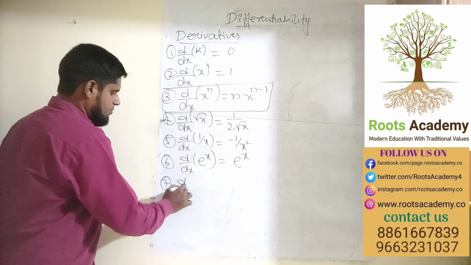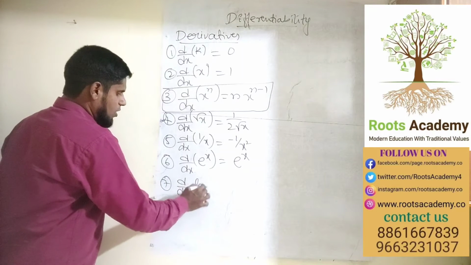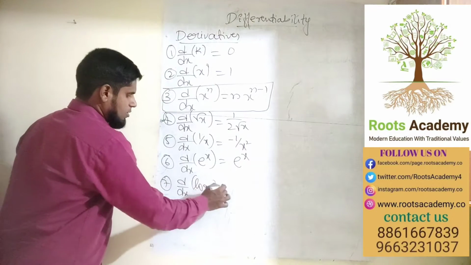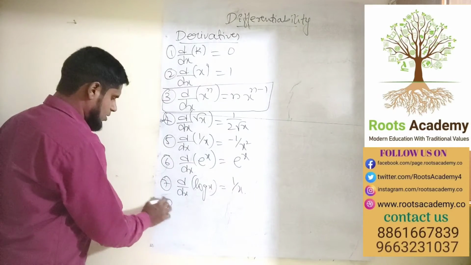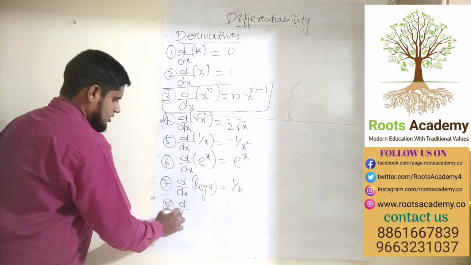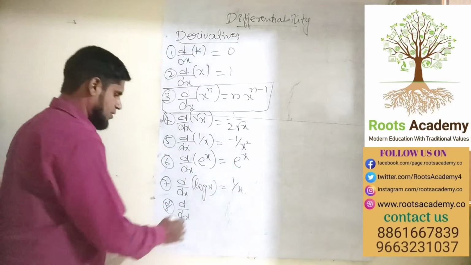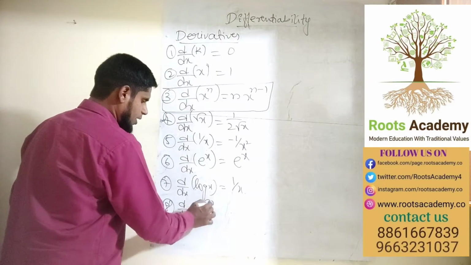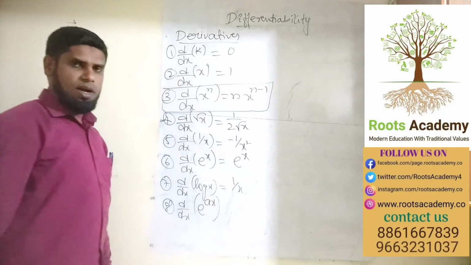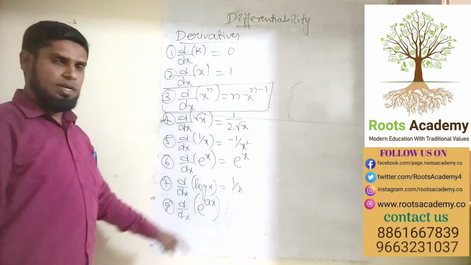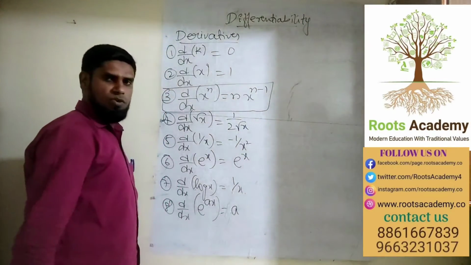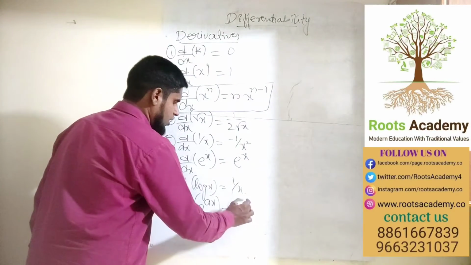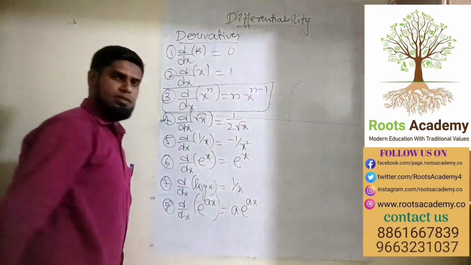Next, d by dx of log x is 1 by x. Next, d by dx of e power ax: if any constant multiplies x, it becomes a coefficient of the function, a into e power ax.